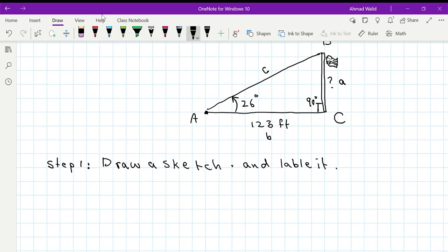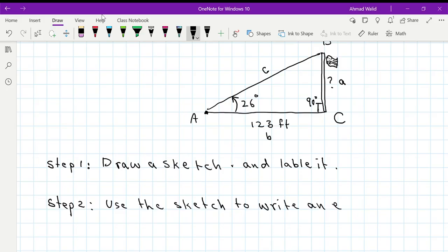Step 2. Use the sketch to write an equation relating the given quantities.